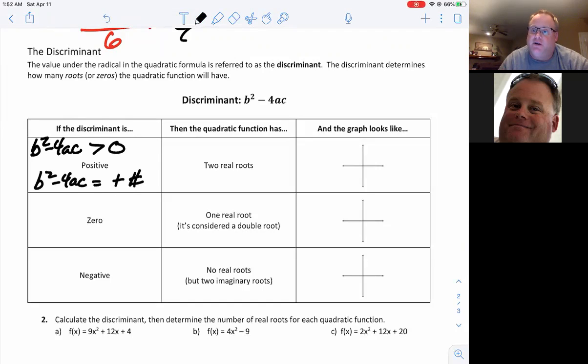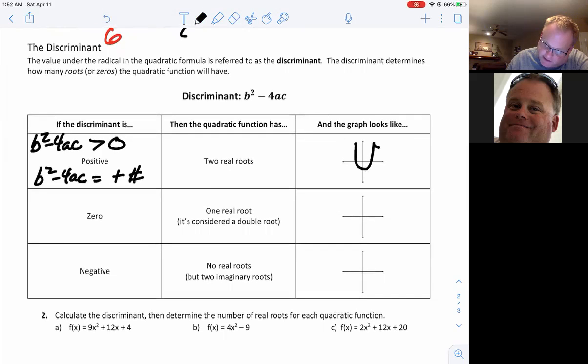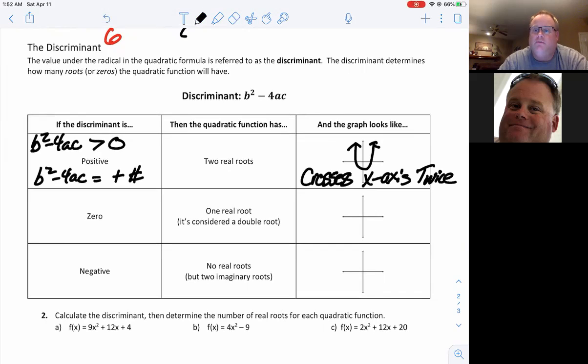Meaning not imaginary, which means there is no negative underneath the radical. What's underneath the radical is a positive number. So basically, the graph is going to cross the x-axis twice. It has two real roots, not necessarily positive, right? Because it could be a negative root, right?